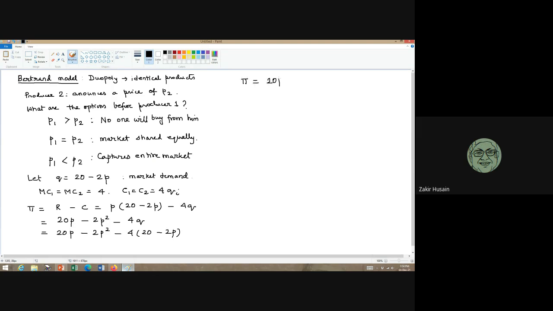So what does this come to? 20p minus 2p squared minus 80 plus 8p. This is 28p.